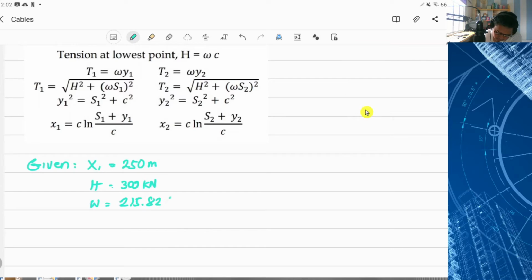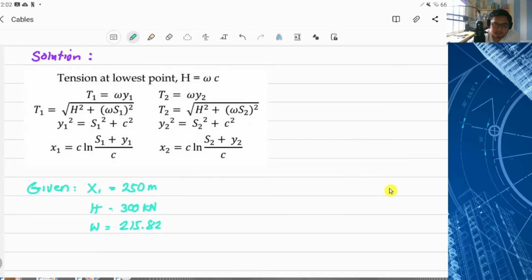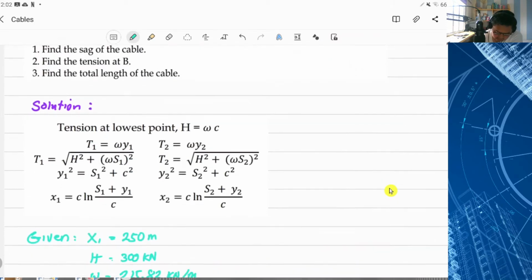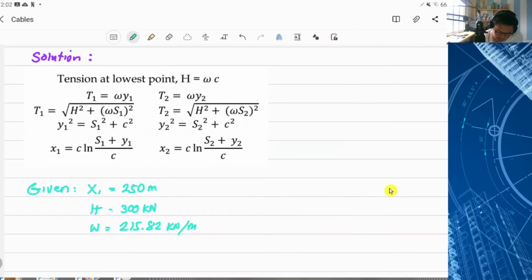Let me see the unit: kilonewton per meter. So these are the givens. The first question is to find the sag of the cable. So what is the sag of the cable? D1. Let's draw first.